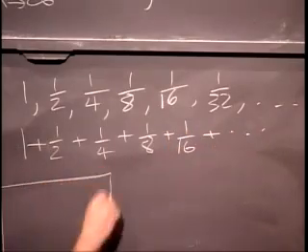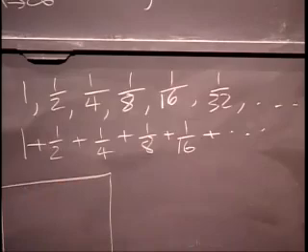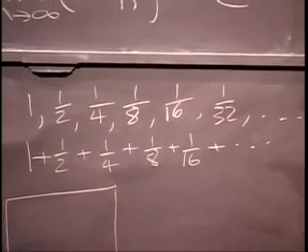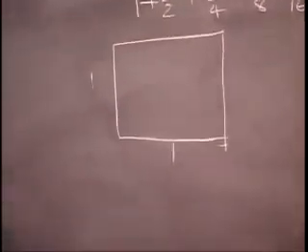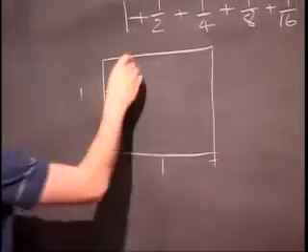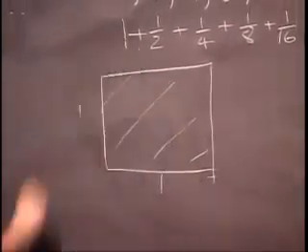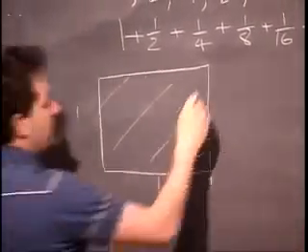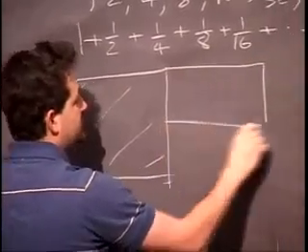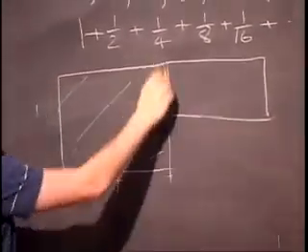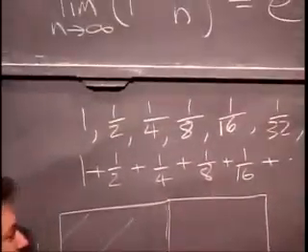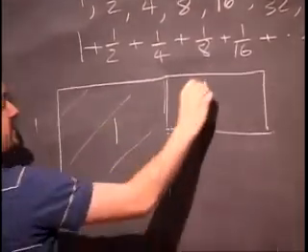Suppose I take a square of side 1. Well, that has area 1, and that's going to correspond to this first term 1. Now, my next thing is to take half the height, but still with 1. So this will have area 1/2.